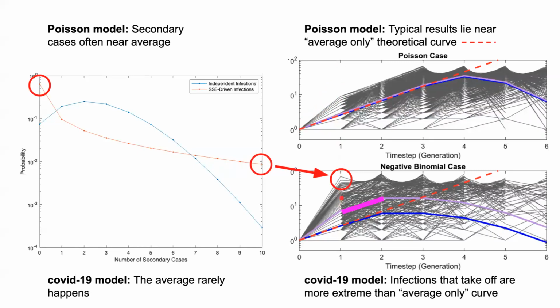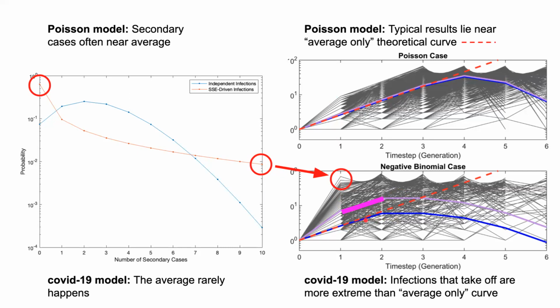So it is this phenomenon, this fact that COVID-19 is very non-average. The dynamics tend to be very extreme, either with nothing happening or something very bad happening. We tend to see that if we look at the curve, only looking at cases where infections took off, we can actually get results that are quite a bit more extreme than, say, averaging over all cases.